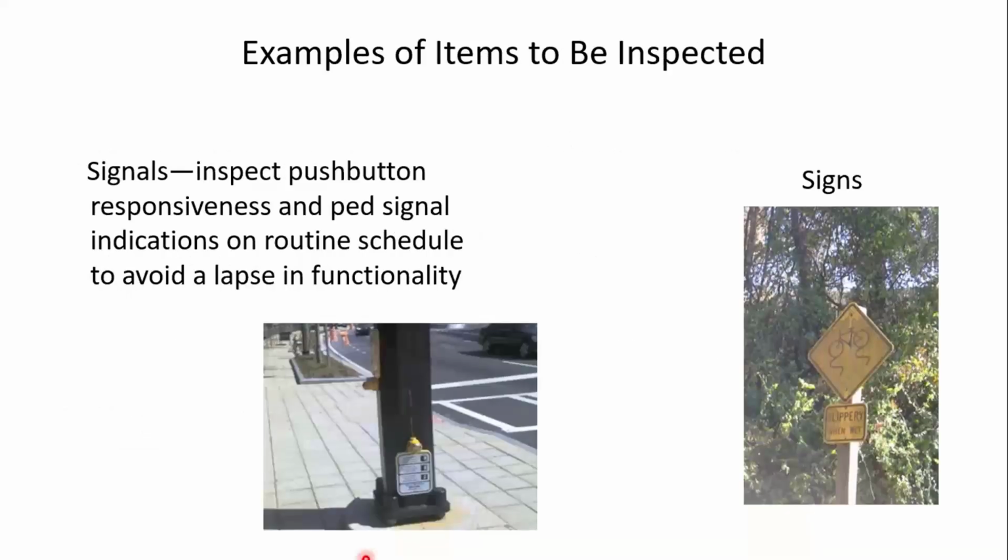Examples of some of the items to be inspecting are signals. Inspect push button responsiveness, the pedestrian signal indications, make sure they're functioning. Signs, check the sign face like you see here. It looks like this sign is not so visible anymore compared to when it was new. Are the signs still erect and properly oriented in terms of facing the user?